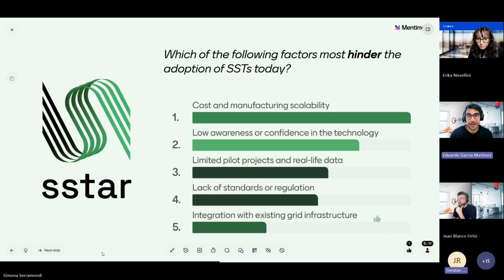Eduardo: The AC equipment nowadays is very mature technology, so it's very difficult to compete with them in cost and also in reliability, because the TRL of these products is low nowadays.